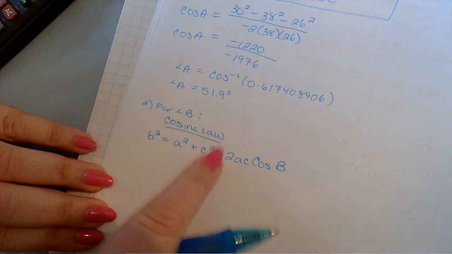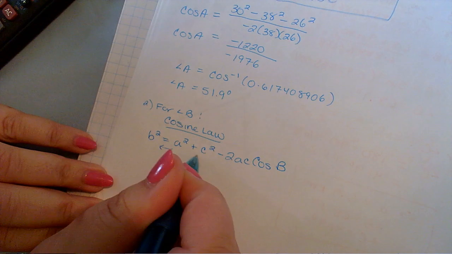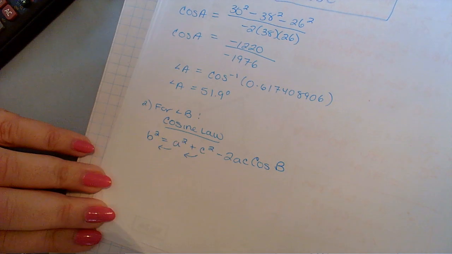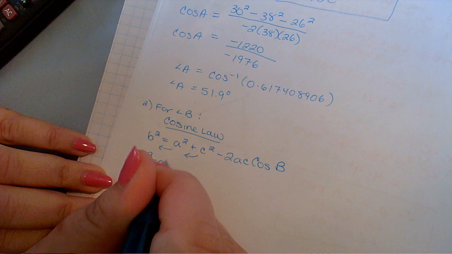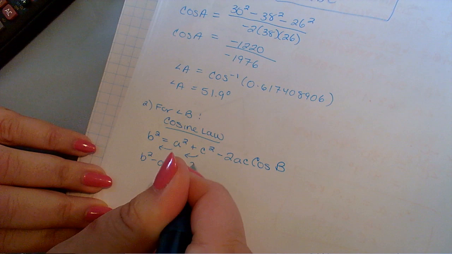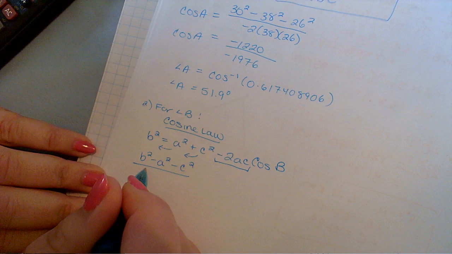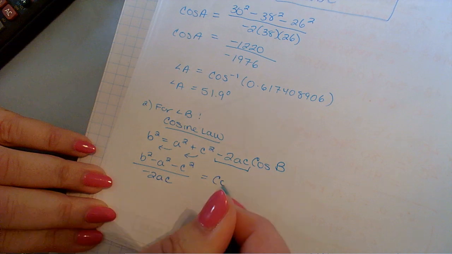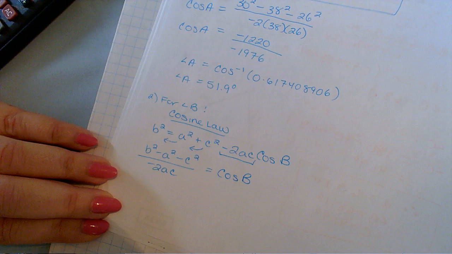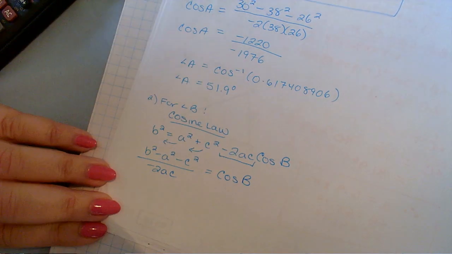So what I'm interested in is the capital B. Kick everything out to the other side. This guy goes over, this guy goes over. B squared minus a squared minus c squared divided by this chunk gets divided by on the bottom. And look at that. There's our rearranged formula. That's just cos B. Then I sub in my numbers.